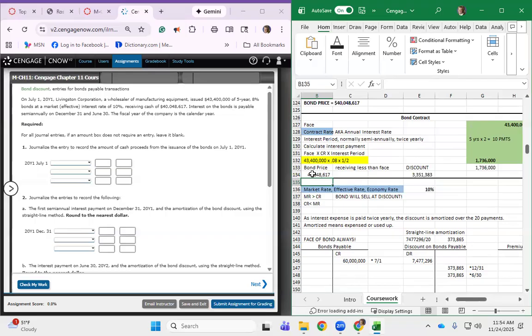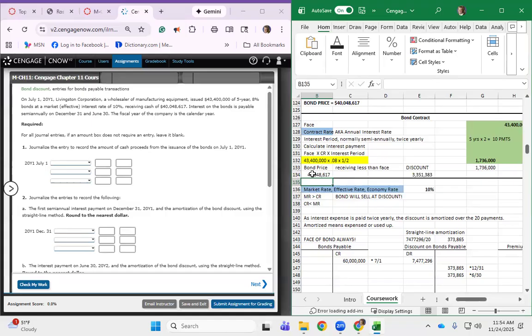Well, first things first. What's the difference between the face and the bond price? Well, mine is $3,351,383. Okay, we'll need to know that when we get ready to put this in a journal entry.